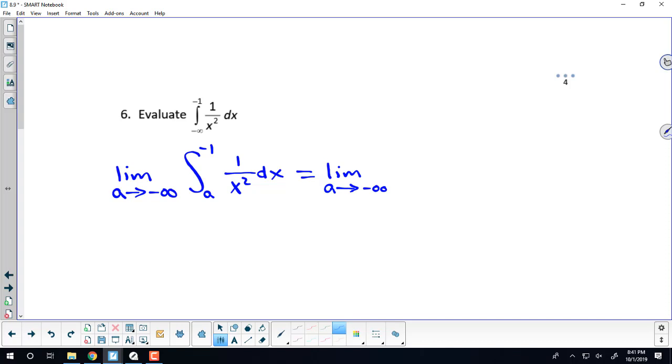The antiderivative of 1 over x squared gives us -1 over x, evaluated from a to -1.